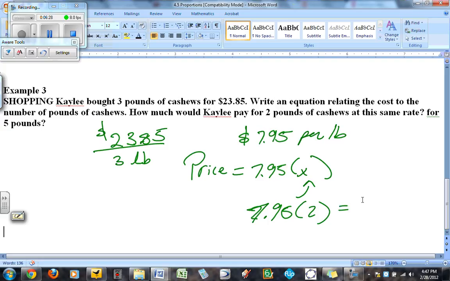So for 2 pounds of cashews, she's going to pay $15.90. And then for 5 pounds, we plug 5 in here. 7.95 times 5 is $39.75.